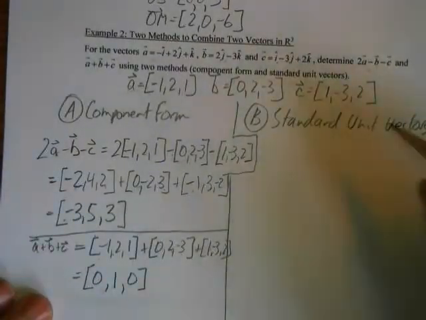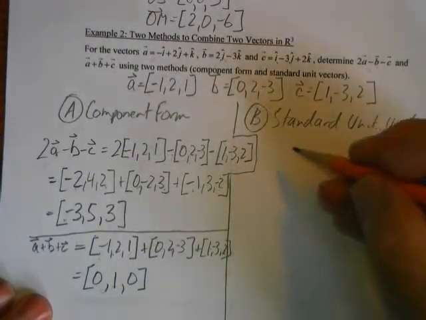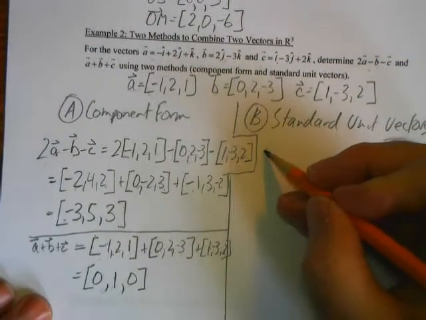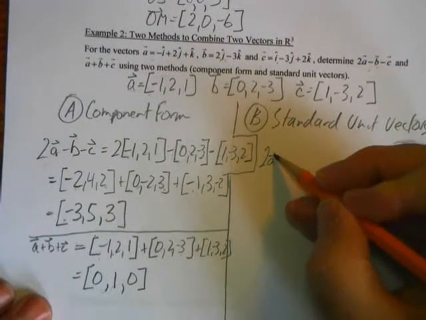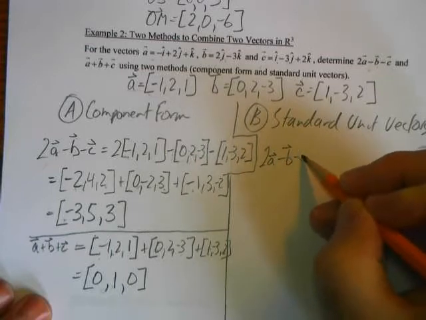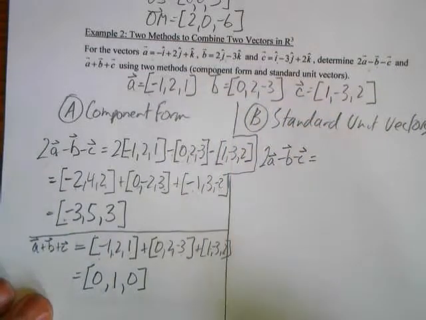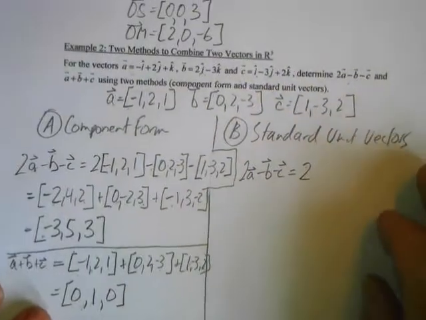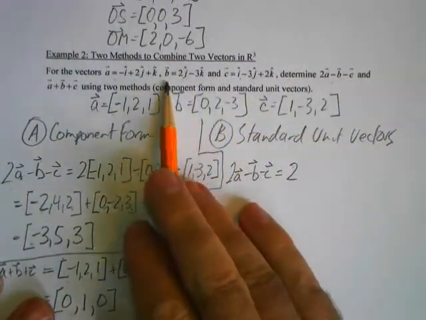So let's try the same thing using standard unit vectors. So probably going to need 2 lines for this now. 2a minus b minus c is going to be, so this time we're just going to leave the representation that was given.